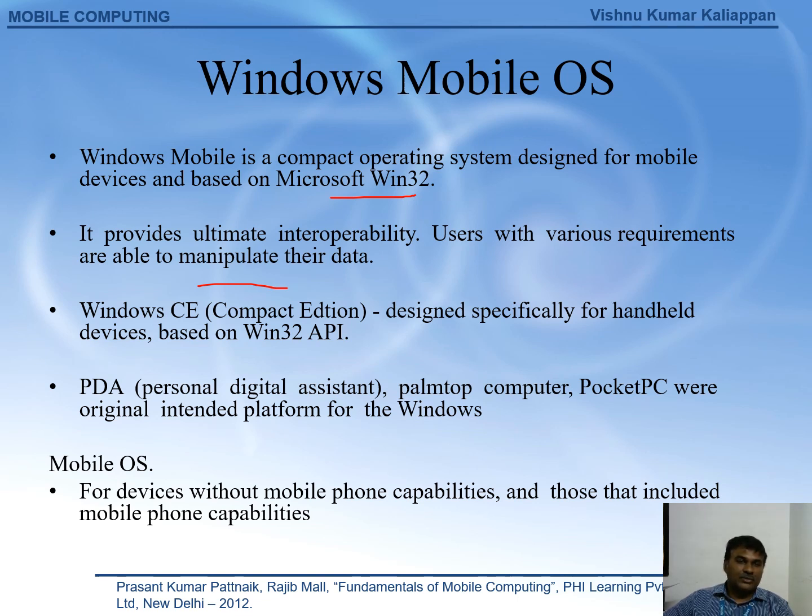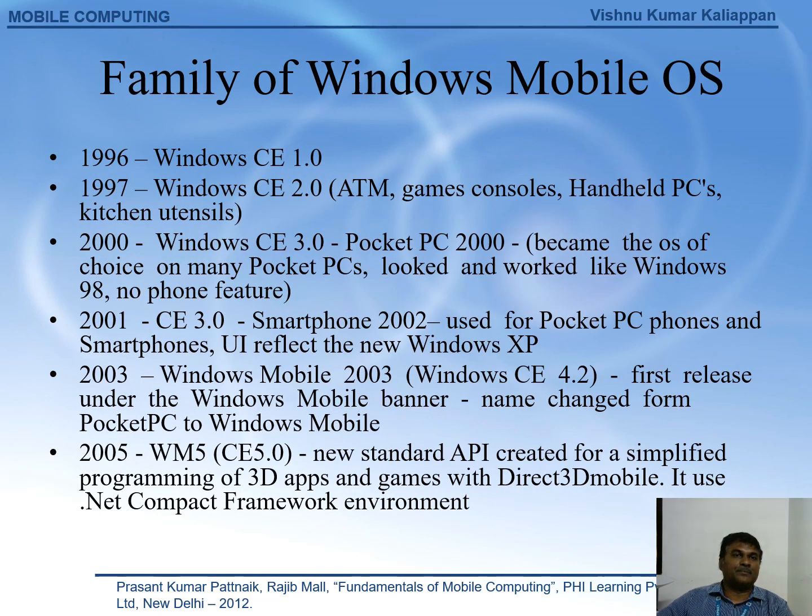After that, Windows CE was introduced, which is a 32-bit API based operating system that can be installed in PDAs. Later, mobile OS versions were introduced which had capabilities without phone capabilities. These are a few of the histories about the development of the Windows Mobile operating system.